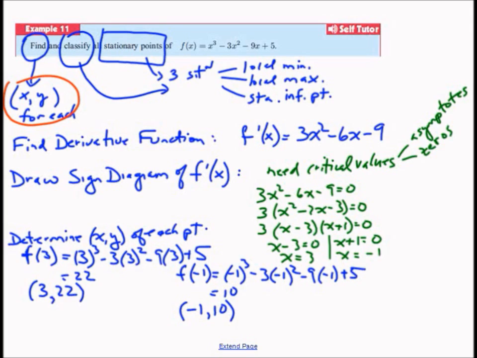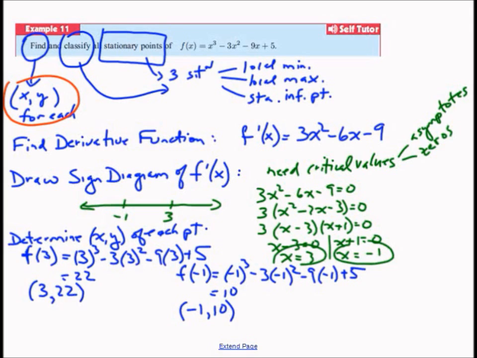Oh, we haven't drawn the sign diagram yet. Sorry, we need to finish that. So the sign diagram here, we have our critical values of negative 1 and 3. And if you're not sure whether you should have plus or minus signs in each of these intervals, try some numbers in that interval into the function that you're making a sign diagram for.